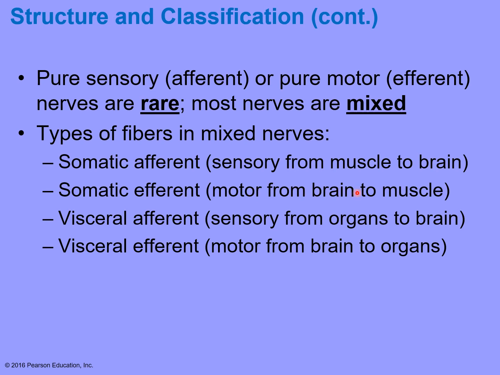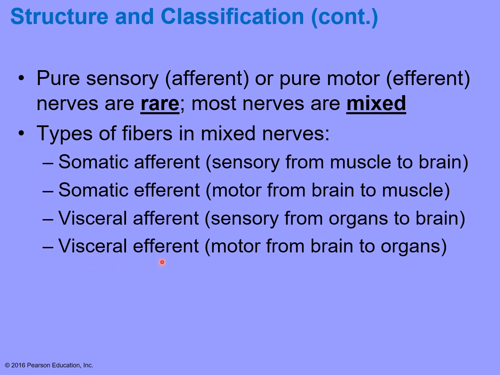It's a motor neuron that's going to a muscle. Visceral afferent is going to be a sensory fiber that's coming from organs, such as the stomach, the intestines, etc. And it's going towards the brain.